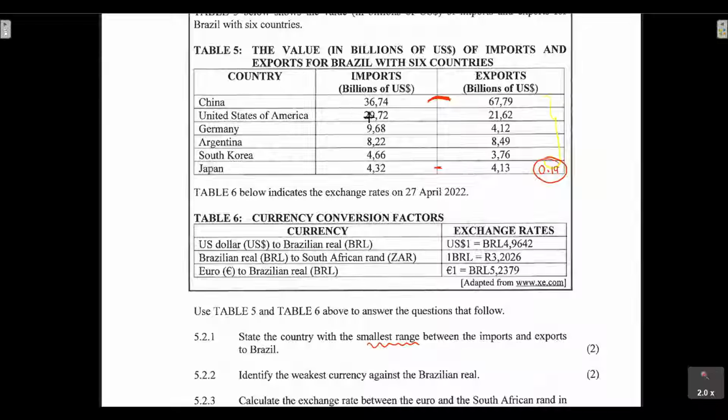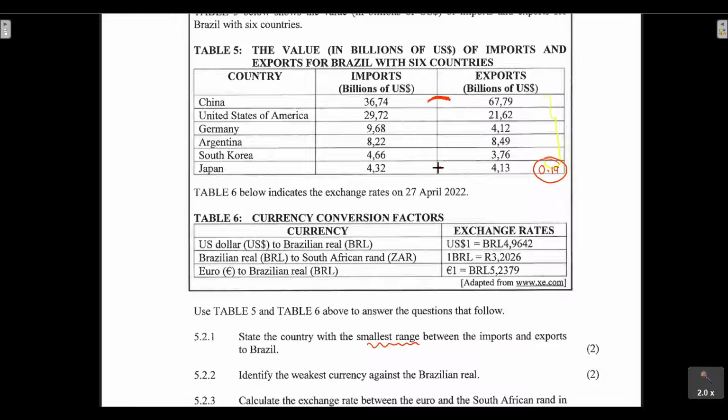Or also, when you look at 29.72 and 21.62, that's not going to give us the smallest range. The 9 to 4, already the difference between these two values is like 5 point something or 4 point something, so that's not going to give us the smallest range. That's how you can think about this logically.